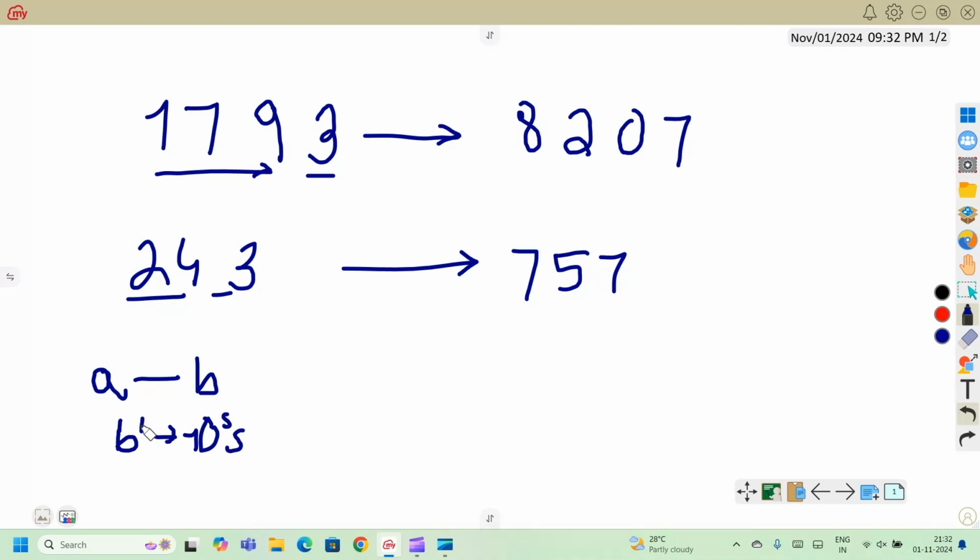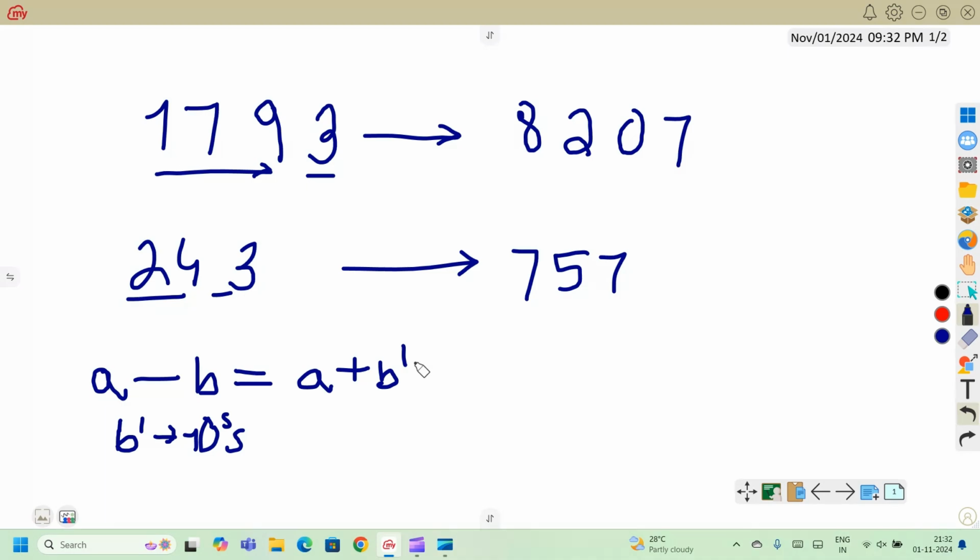A minus b is equal to a plus b bar. This is a property. You will understand when we use examples, but of the special case as of this class. A minus b is equal to a plus b complement.